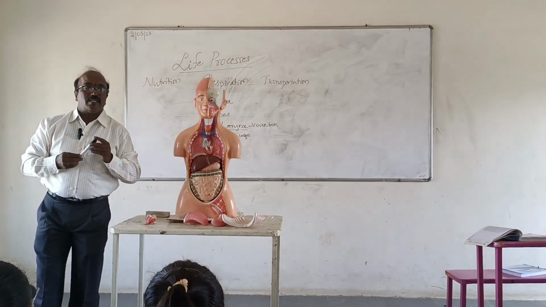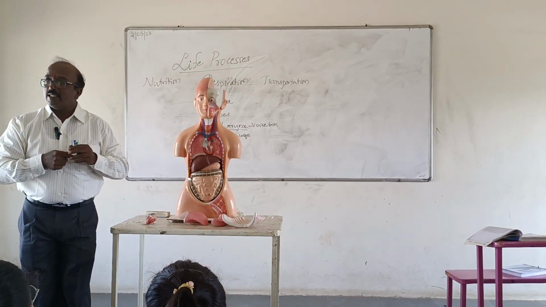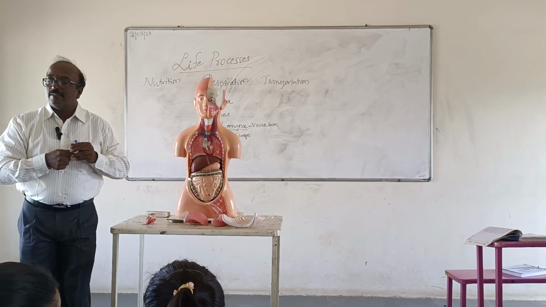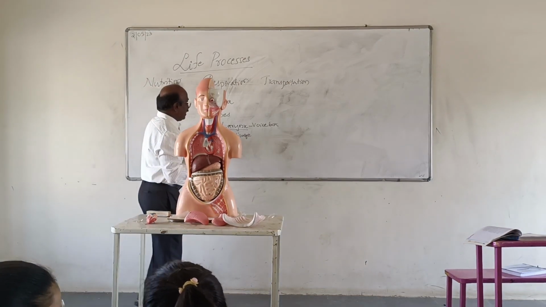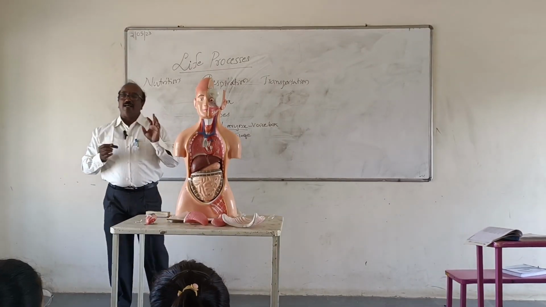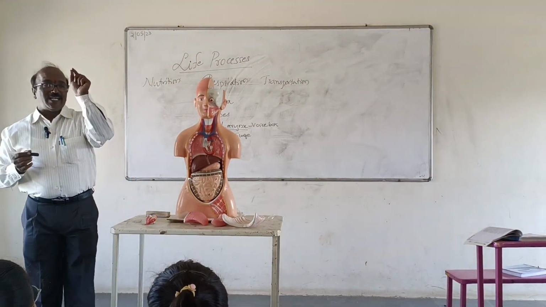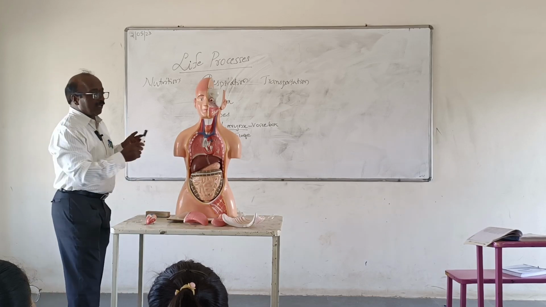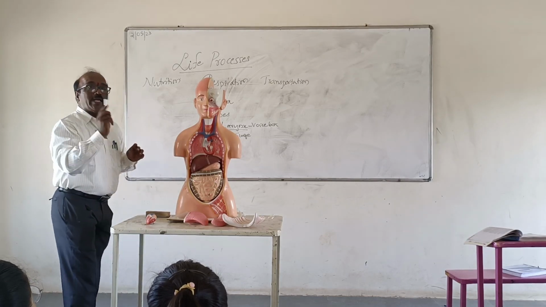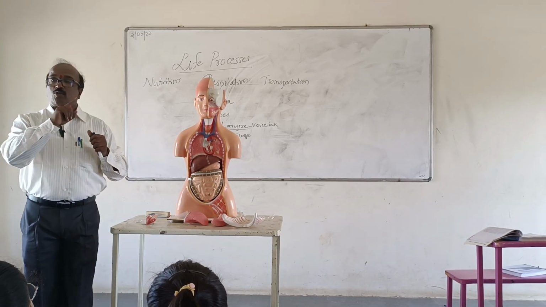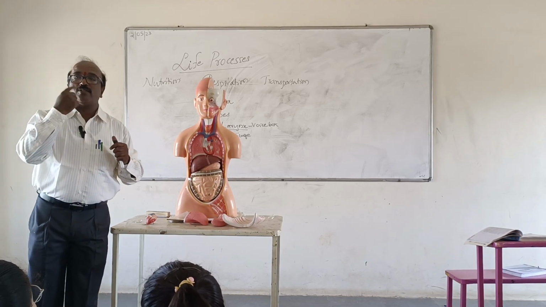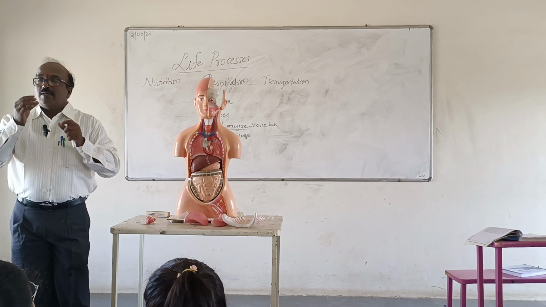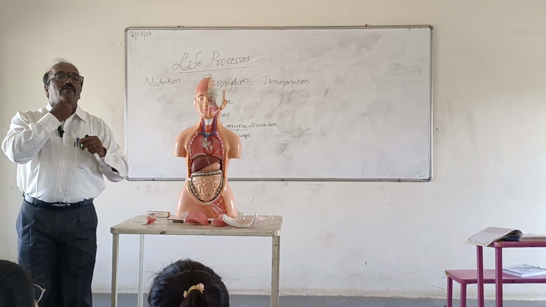You have learned cartilage. Bones are hard, cartilage is soft. They have thin strands, and when the air passes over the strands, they vibrate, producing sound. So when I speak, the air is allowed to pass over them.